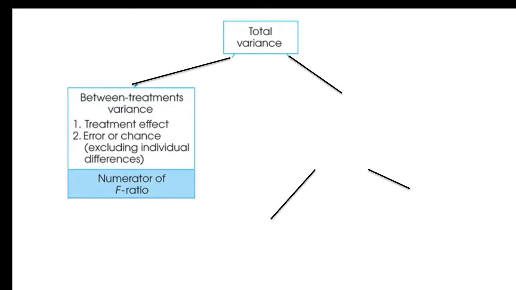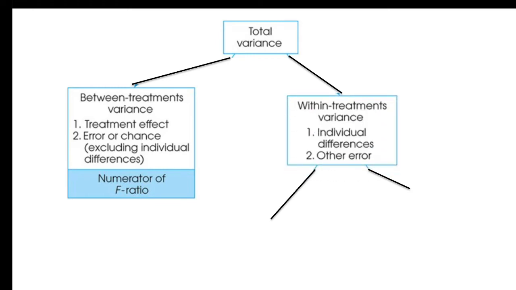Here, we have a total variance, and from the total variance we get the between treatments variance. Number 1, the treatment effect. Number 2, the error or chance excluding individual differences. Here we have the numerator of the F ratio. Within the treatment variance, number 1, these are the individual differences, and number 2, other errors.